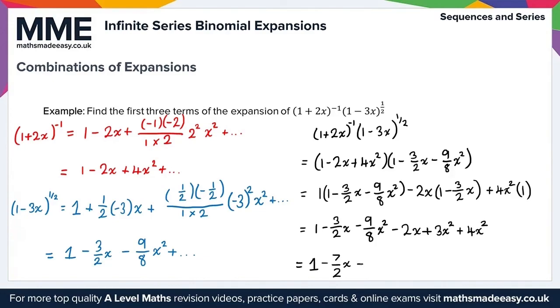And in total, that gives us 47 over 8 x squared there. Okay, and clearly that would carry on, but like I said, we're only concerned about the first 3 terms there. Okay, so that gives us the solution to our example, and that gives us everything we need there, combinations of expansions, and that concludes this Maths Made Easy video on infinite series binomial expansions.